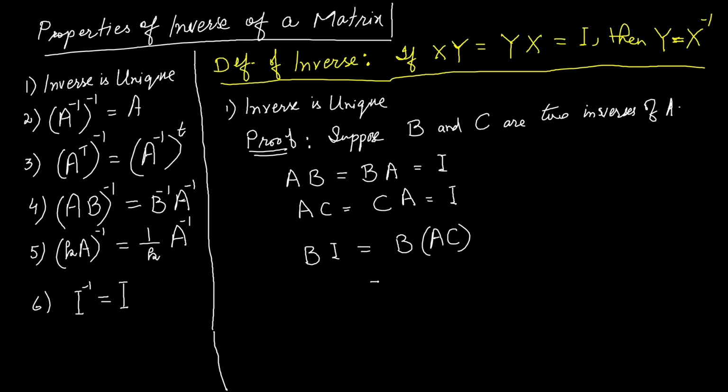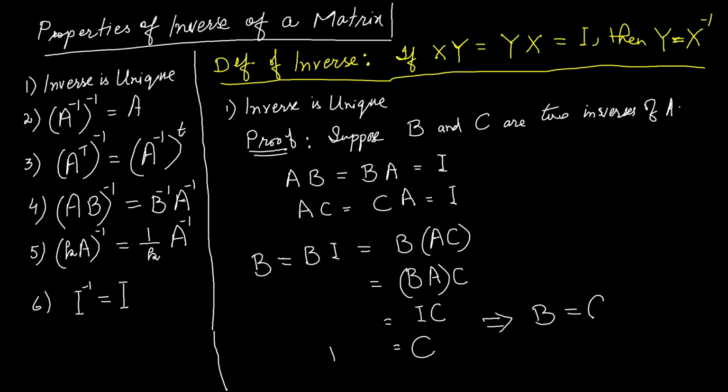By associativity of multiplication, we have BA into C, but BA again is the identity matrix because B and A are inverses of each other. We get identity matrix into C equal to the matrix C. Since the left hand side is B, we conclude that B is equal to C.